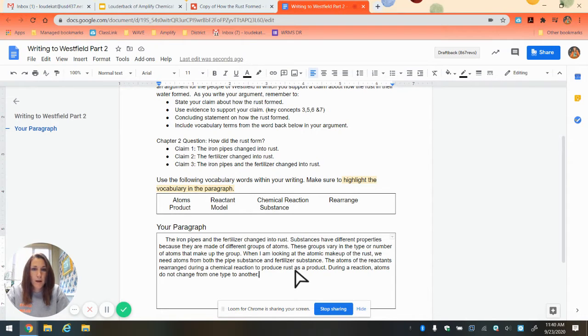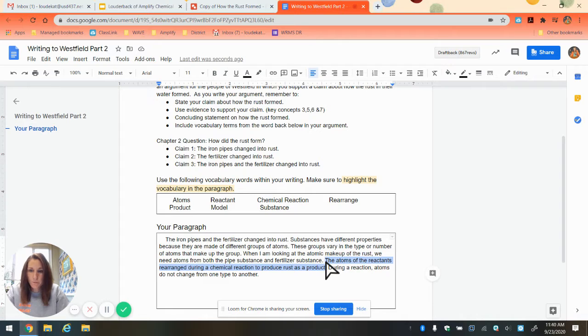So I feel like that's already in my previous sentence. So it looks like I combined key concept 5 and 7 when I was writing this sentence in my modeling tool, which was up above. All right, so then the last thing I need to do is a concluding statement of how rust formed. Well, after going over my paragraph here, this sentence right here would be best as my concluding statement.